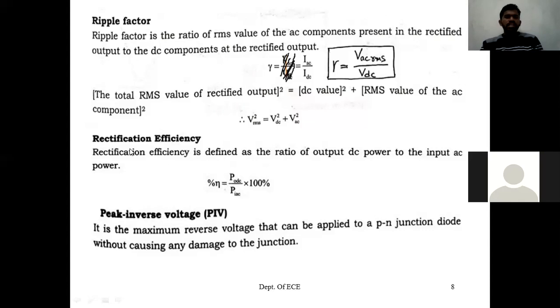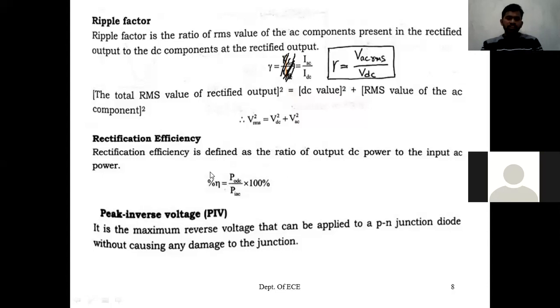In the same way, rectification efficiency is the ratio of output DC power to the input AC power, meaning this rectification efficiency will tell you how much AC power is converted to DC. Let us take an example.